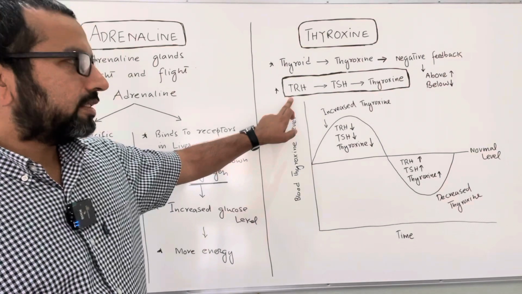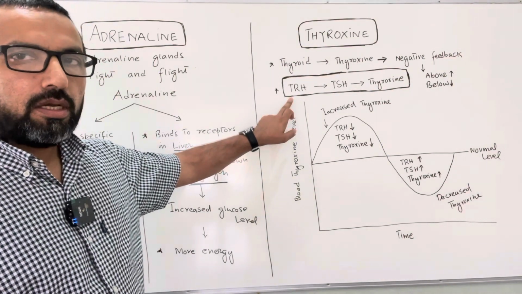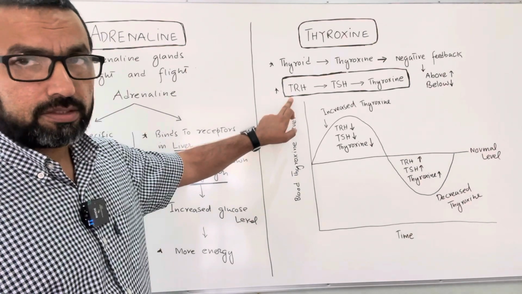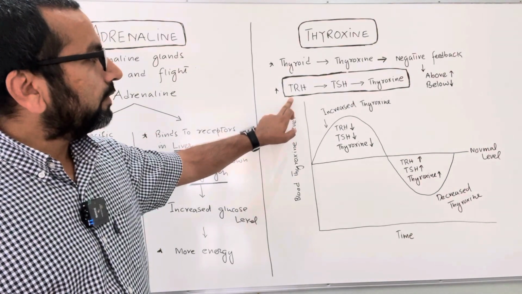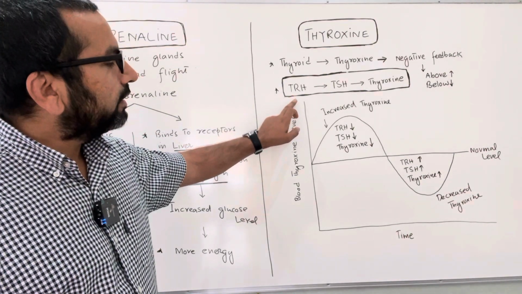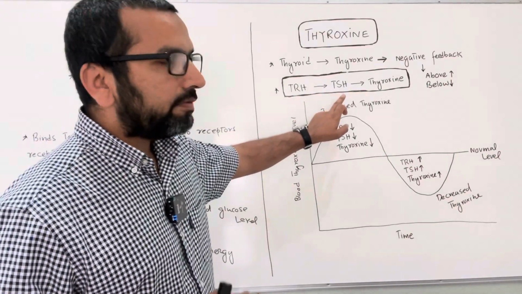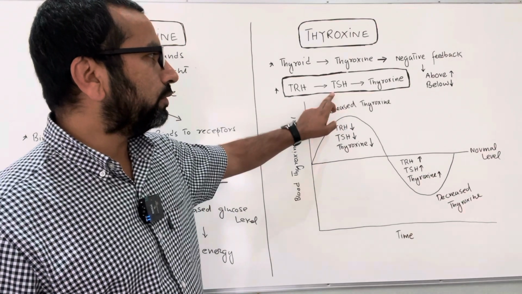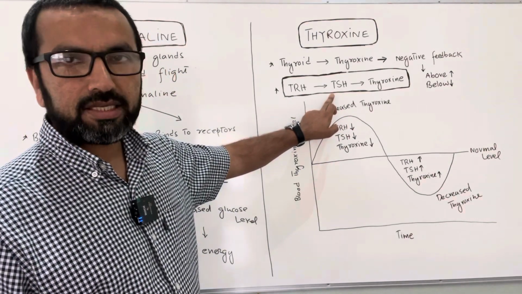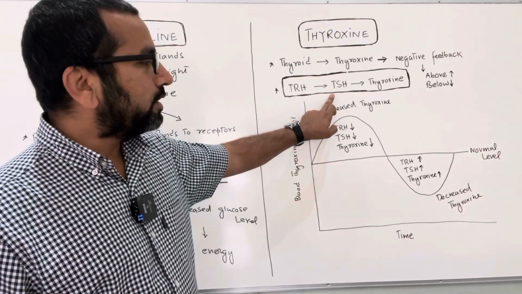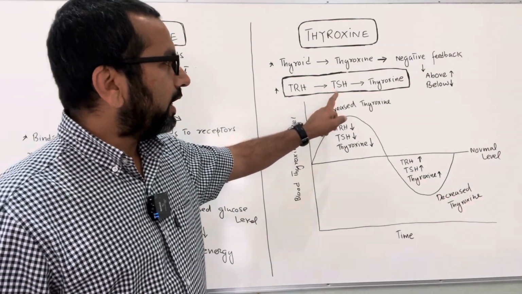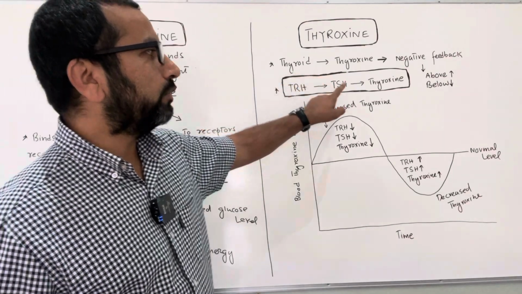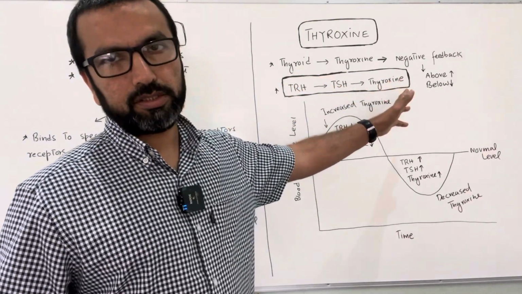TRH is produced by a part of our brain called the hypothalamus, and that stimulates our pituitary gland, which is also called the master gland, to produce TSH, thyroid stimulating hormone, and that hormone stimulates the thyroid gland to produce more thyroxine.